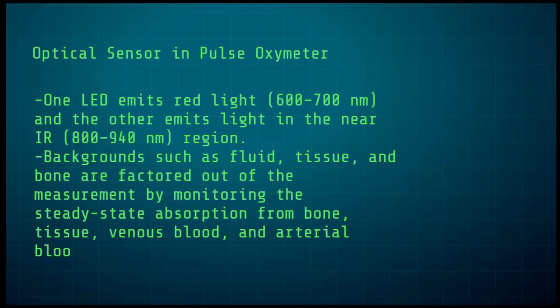Hemoglobin that is carrying oxygen absorbs light in the IR region of the spectrum. Hemoglobin that isn't carrying oxygen, deoxyhemoglobin, absorbs visible red light.